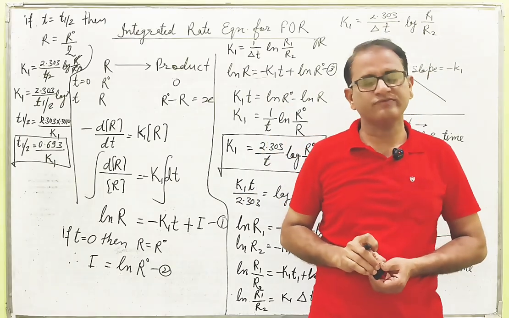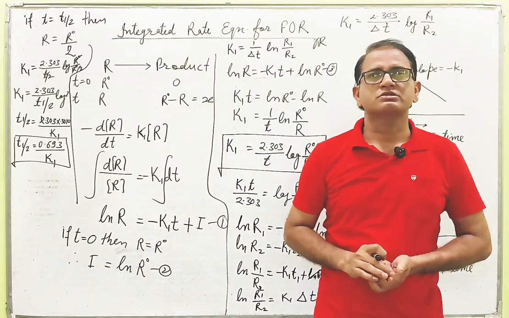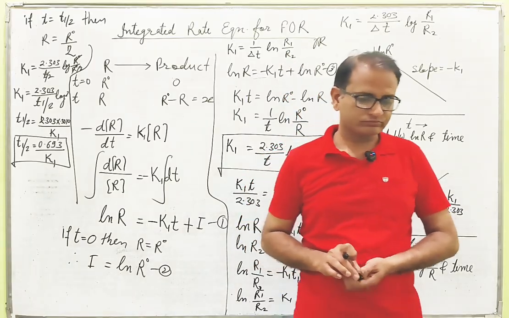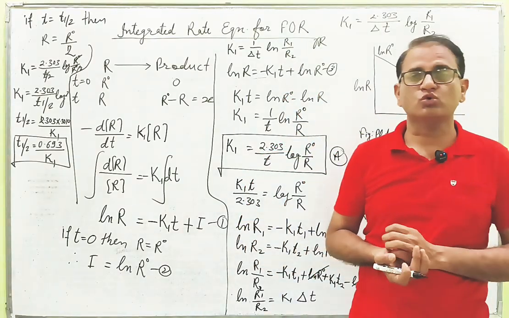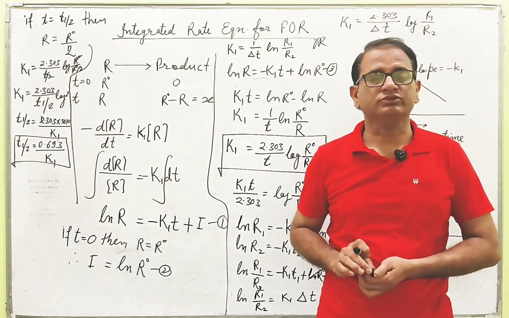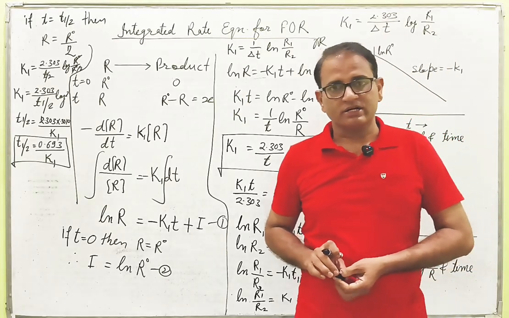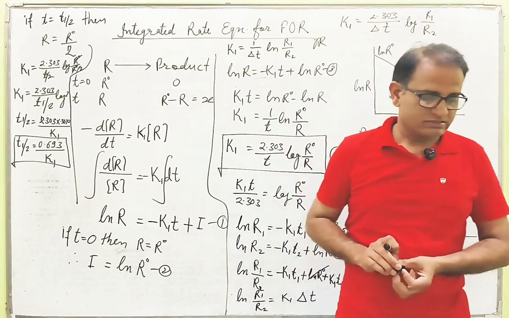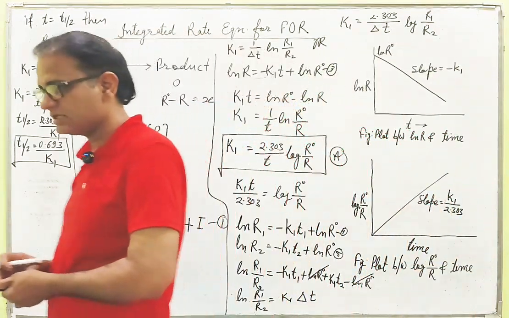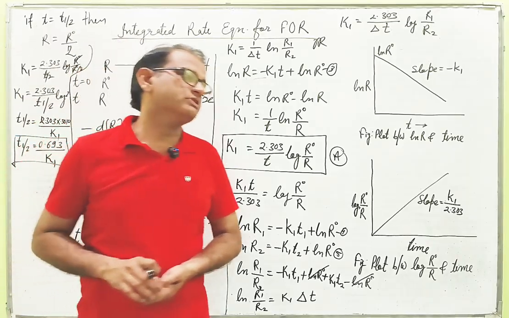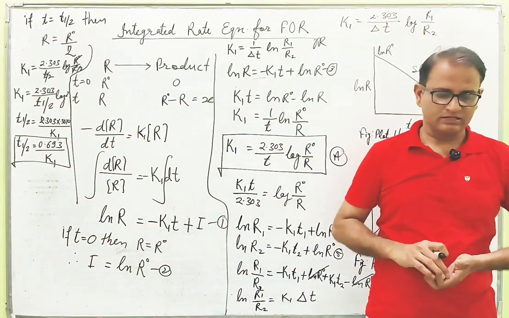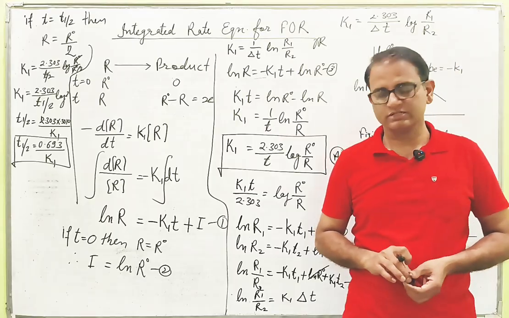Another example is if we decompose N2O5 dinitrogen pentoxide into N2O4 and oxygen, then that reaction also follows first order kinetics. And except from that, if we hydrogenate ethene with hydrogen, then also the reaction follows first order kinetics. So many other examples are there that you must study.